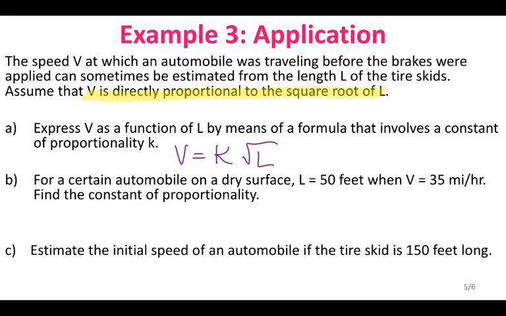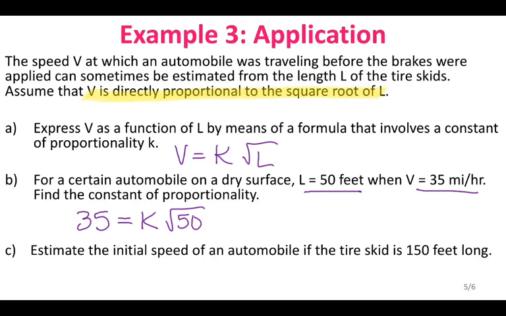Part B says for a certain automobile on a dry surface, L is 50 feet when v is 35 miles per hour, find the constant of proportionality. So I'm going to replace my L with 50 feet and my v with 35. That's going to set up an equation. So I have 35 equals k times the square root of 50.